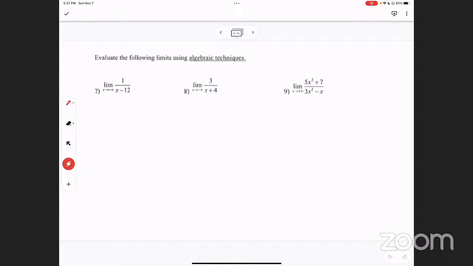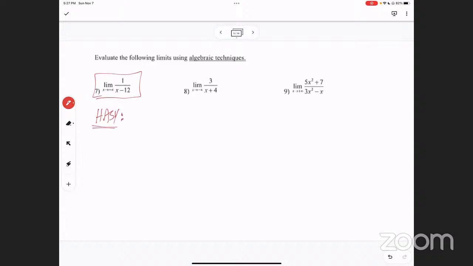I think they might want us to substitute or find the asymptotes. Yeah, that's what I would do. I would recognize that this is a rational function, and so I would find the horizontal asymptote. That seems algebraic to me, right?